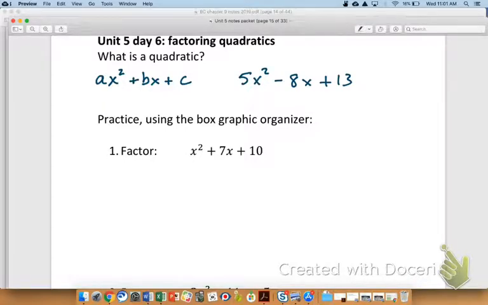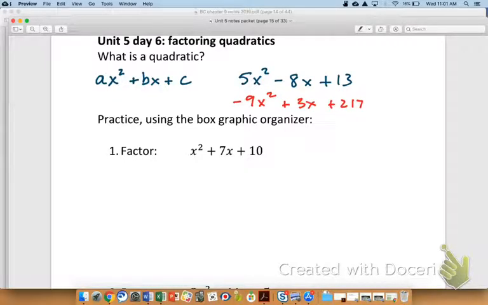I'll put this in red. Negative 9x squared plus 3x plus 217. What's the degree of that quadratic? 2. They're all 2, aren't they? Yep. If it's second degree, we can call it a quadratic. What's the lead coefficient? Just negative 9. It's just that numerical coefficient there.